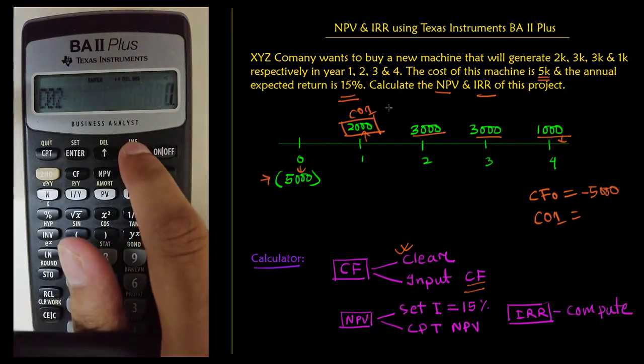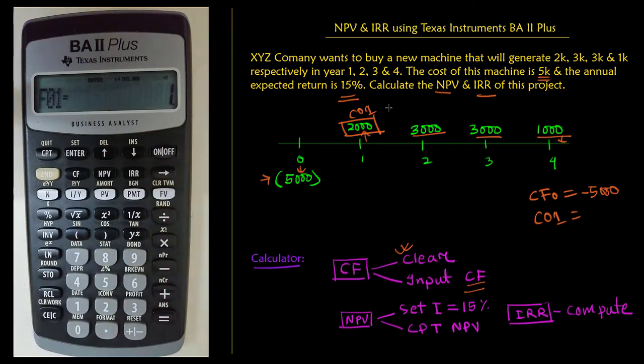Now then go to cash flow 2. There is this thing, F01. We use this button if the frequency of cash flow is more than 1. In our case we only receive one cash flow of $2,000, but in the next year we'll see that we have two cash flows of $3,000.